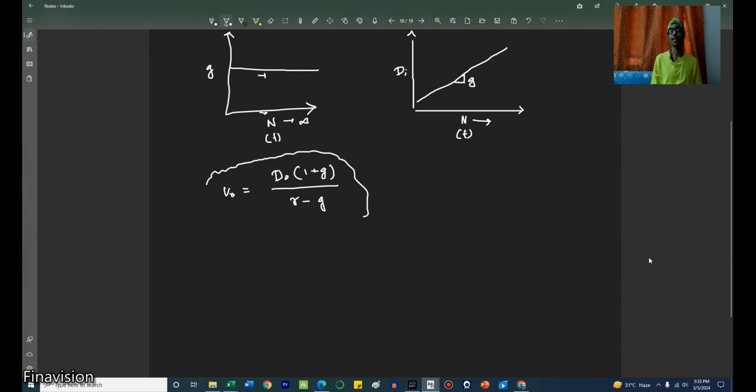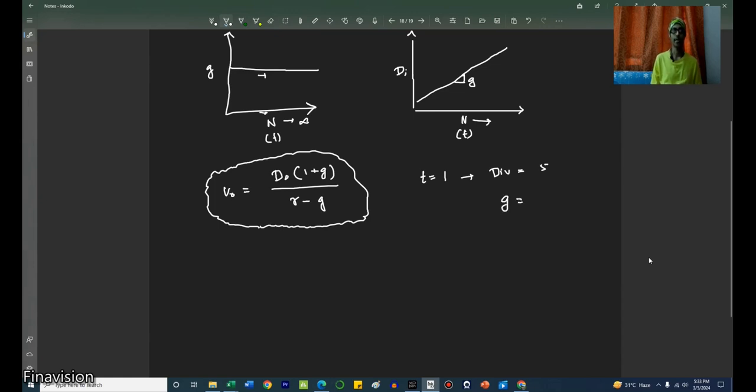And this is also a single stage, guys. You can see there is only one stage where the growth is perpetual till infinity. Let's take an example. Let's say at t is equal to 1, the dividend is $5.